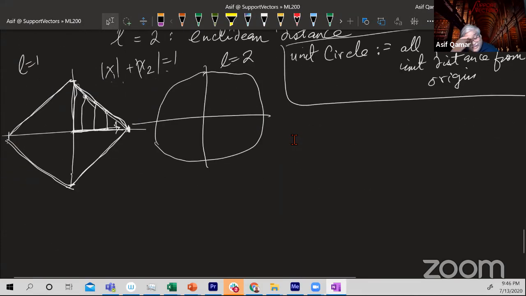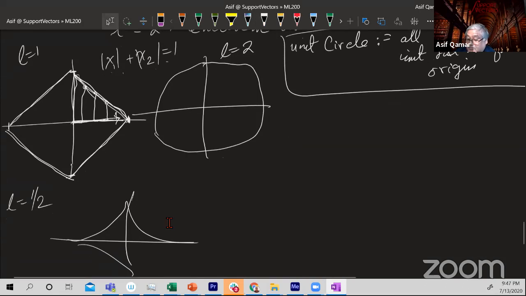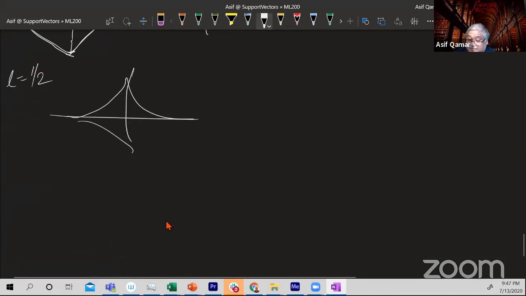The first time you see this, you're a bit surprised, because our fundamental notion of a circle has always been round. But in a different norm, the circle looks different. In fact, if you go to L is equal to half, it becomes much more pointy, and we will need this intuition when we do regularization.